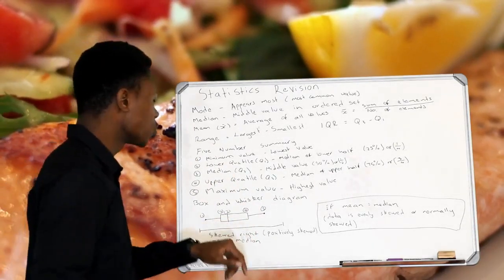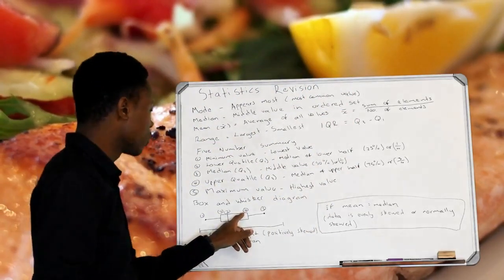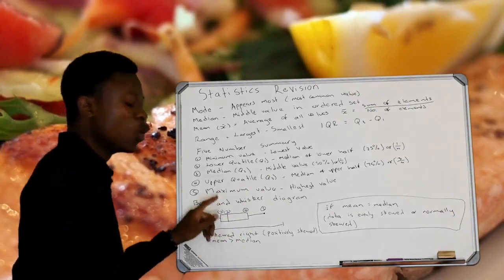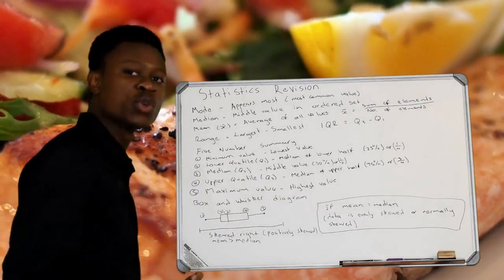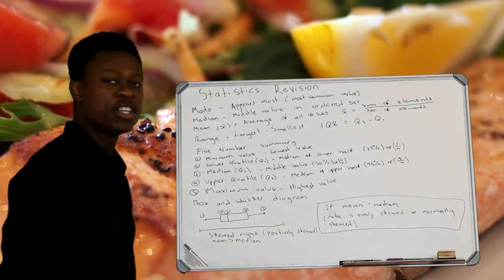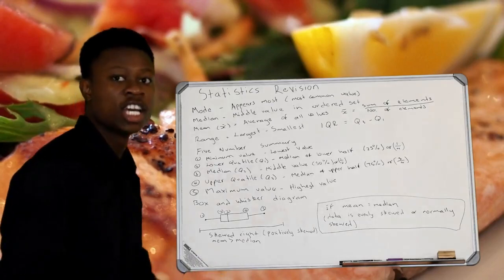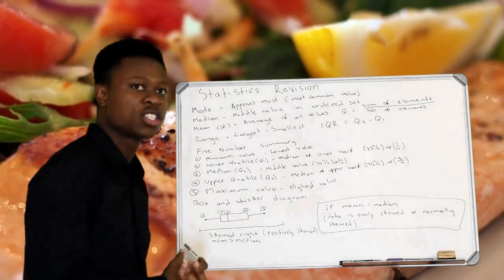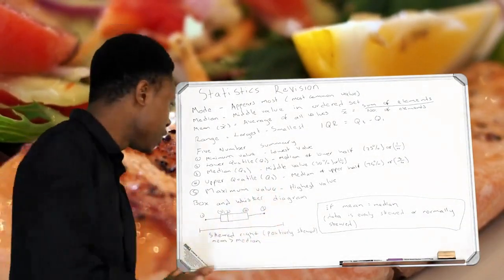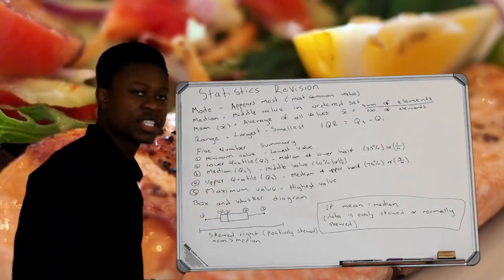If your line is more to the right, it's skewed to the left. Because if your line is more this side, we have more dots at this side, which makes it negatively skewed. If your data is skewed to the right, it's positively skewed, and if your data is skewed to the left, it's negatively skewed. And that is basically some of the things that you should remember on statistics revision.